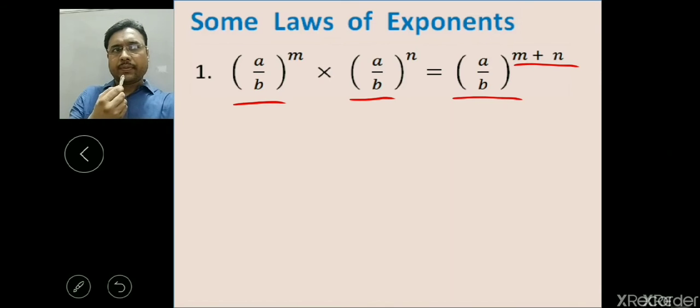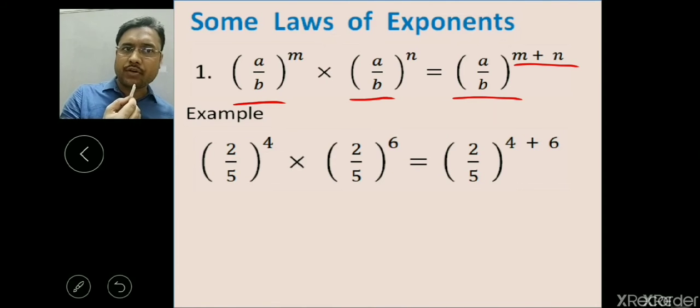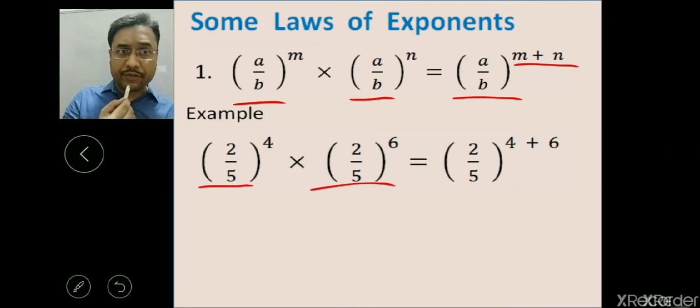Real number power it is. So now an example here: (2/5) to the power 4 into (2/5) to the power 6. You can see the base is the same, 2 by 5 and 2 by 5, and the powers are 4 and 6.